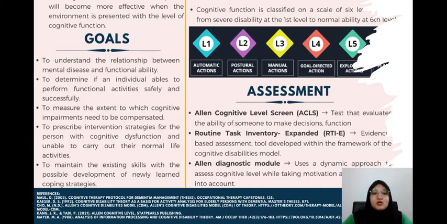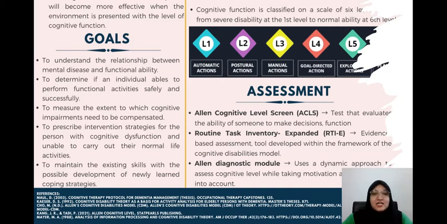Okay, the exact goals of the cognitive disability FOR are: first, to provide a sound theoretical basis to enable occupational therapists to further understand the relationship between mental disease and functional ability. And second, to identify information processing abilities to determine whether the individual can perform functional activities safely and successfully or not, as well as to measure the extent to which cognitive impairment needs to be compensated for.